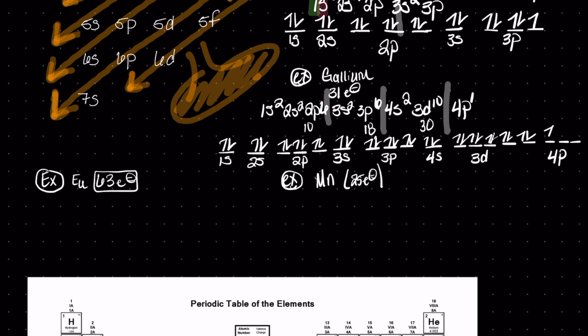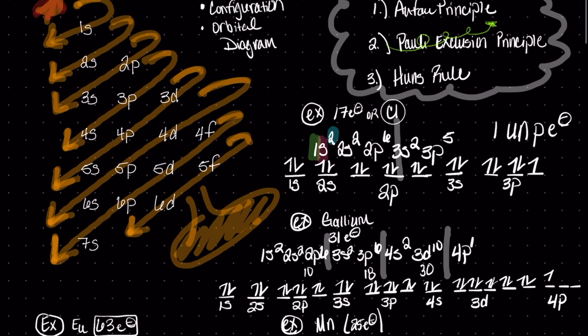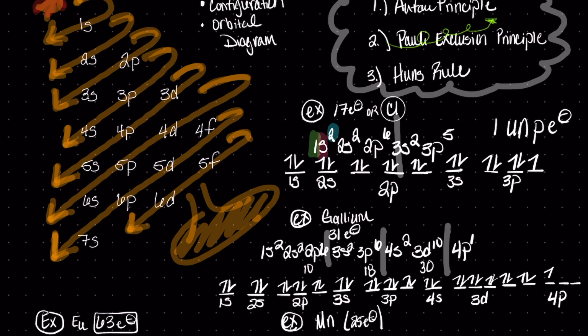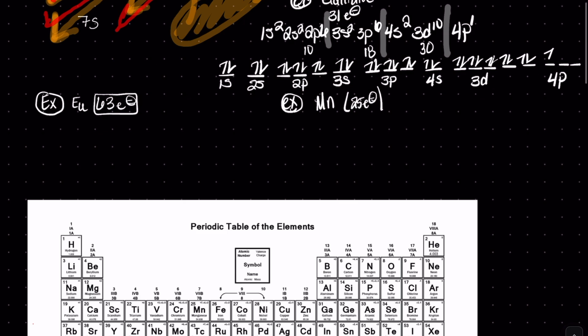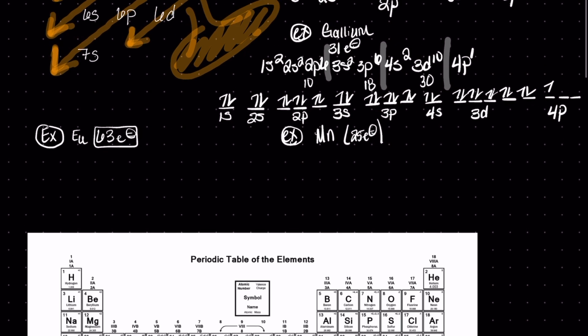I got europium here with 63 electrons, so I'm going to do the same thing. Just start over. Start at the top and work my way down and around, down and around, until we max out to get to 63 electrons.